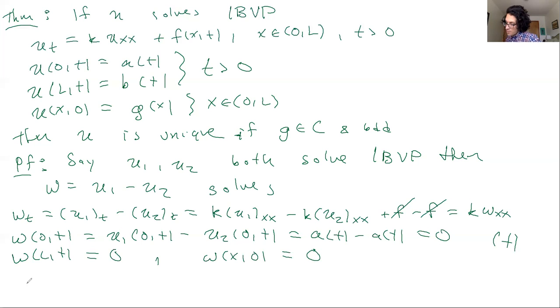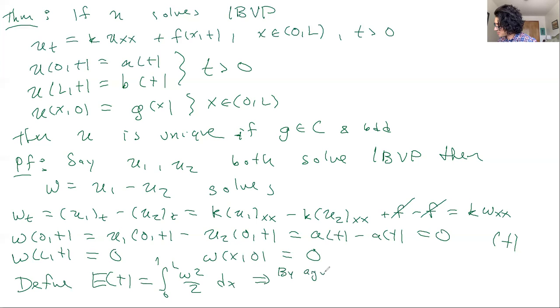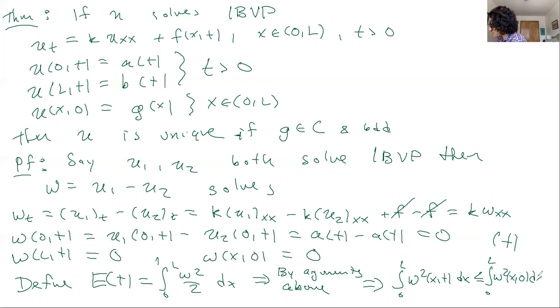So now I'm going to define E of t equal to the integral from 0 to L of w squared over 2 dx. And by the arguments that I've made above, which I won't go through again because they would be exactly the same, the integral from 0 to L of w squared (x,t) dx is less than or equal to the integral from 0 to L of w squared (x,0) dx.